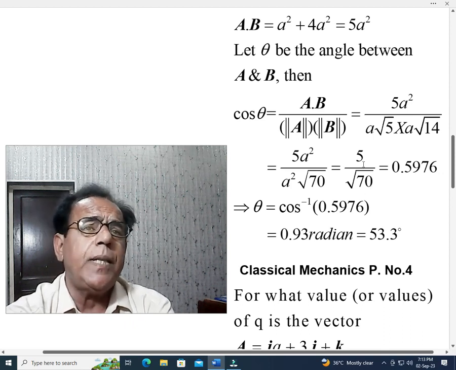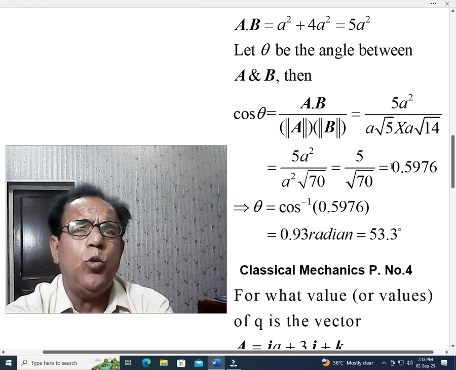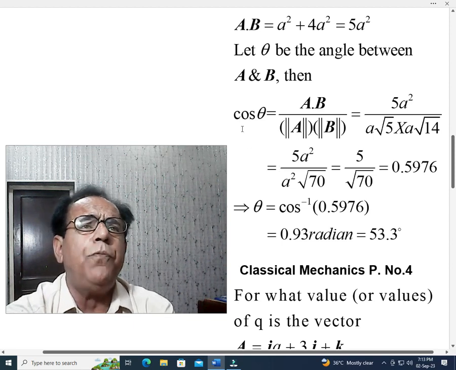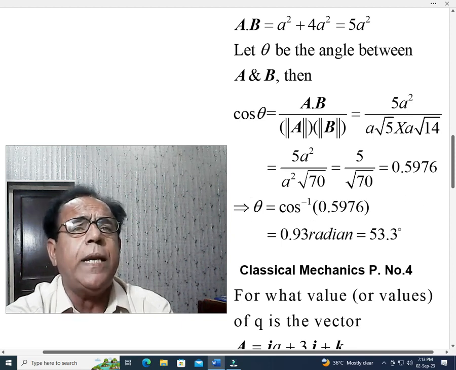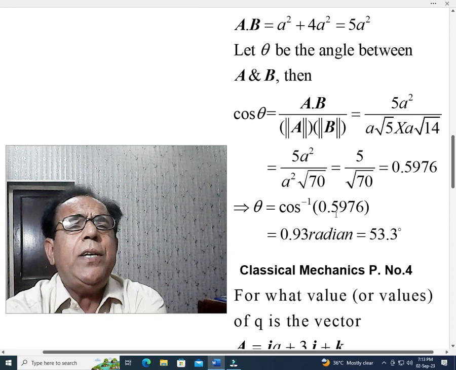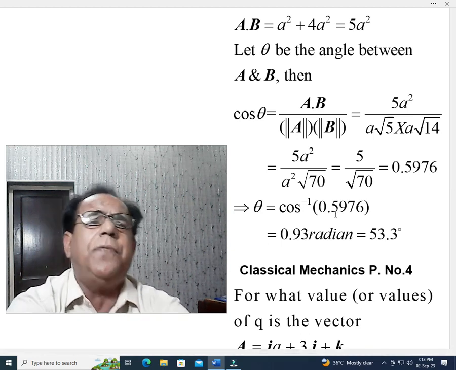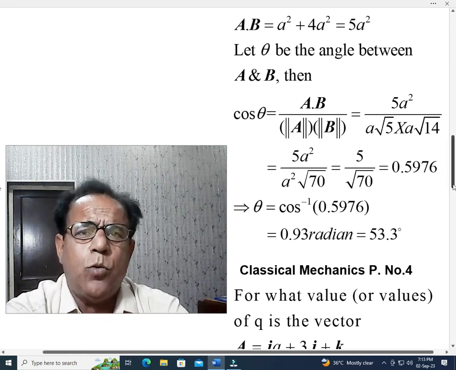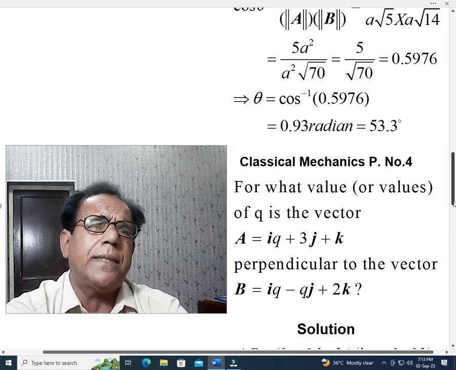From the calculator we conclude that this value becomes equal to this. So when cos theta is equal to this value, this implies that theta will be equal to cos inverse of this value. I have found the value of cos inverse of this from the internet by an online converter. There may be several other ways to reach this value, but anyhow, I have used the shortcut, the simplest, easiest method.